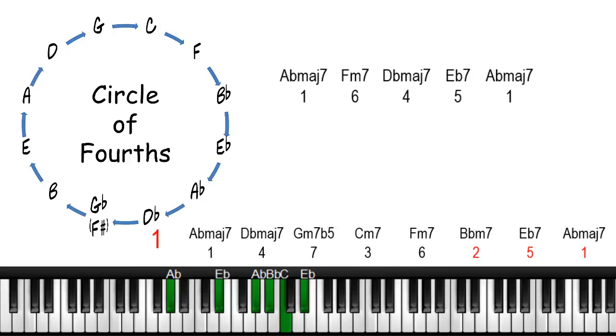Let's do that again. 1, A flat going to the 6, which is F minor 7, passing chord to the 4, which is D flat major 7, and then B flat to the E flat, which is the 5 to 1.